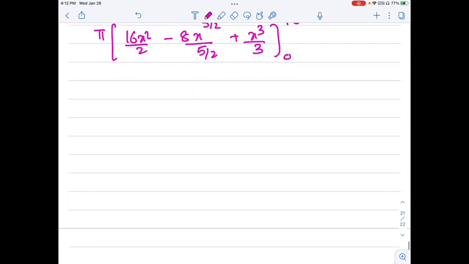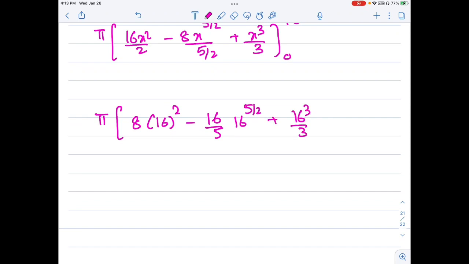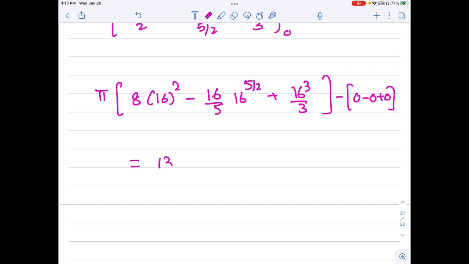Lower limit is 0, no need to substitute. So only need to substitute the upper limit. 8 times 16 whole square minus 16 upon 5, 16 to the power of 5 by 2, plus 16 cube by 3, minus 0 minus 0 plus 0. So simplify this one, you should be getting 136.5 pi. That's going to be the final answer.